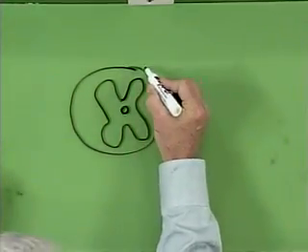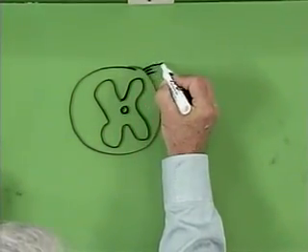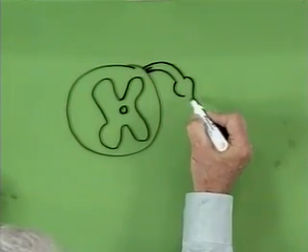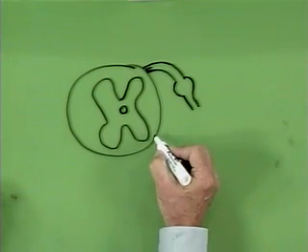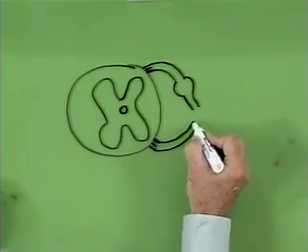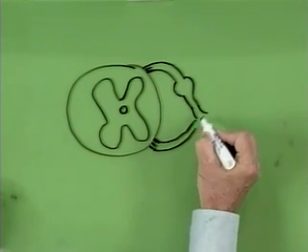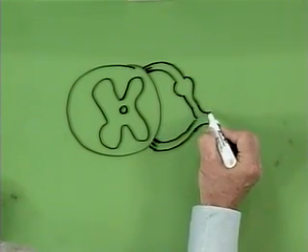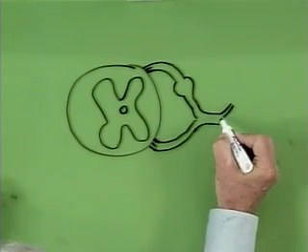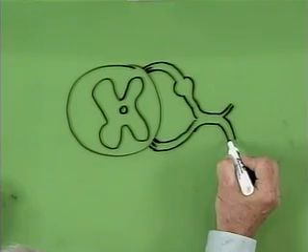And then we'll say that here's the posterior rootlets. Here's the posterior root of spinal nerve. There's the sensory ganglion. Okay? And here's anterior rootlets, anterior root of the spinal nerve. And then when these two roots come together, we've got the actual spinal nerve. And it divides into a posterior branch and an anterior branch.